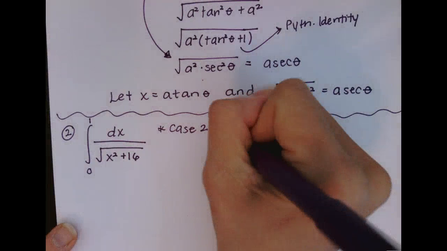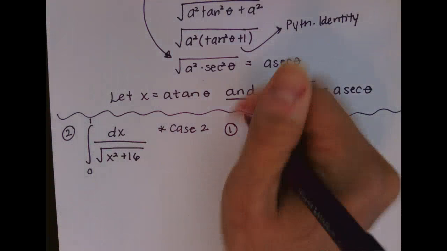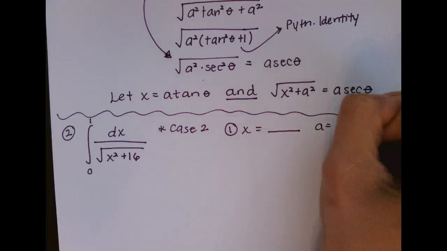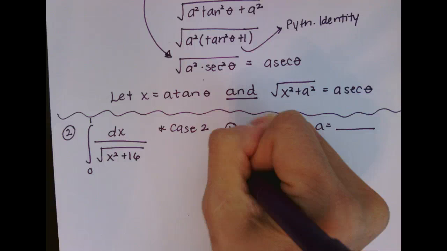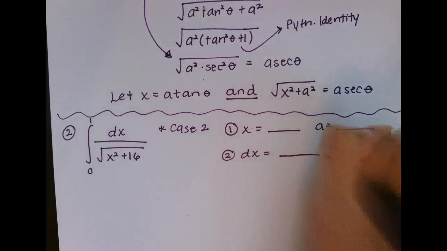So let's go through the same type of steps that I did in the last problem. Step 1, let's figure out what x and a should be. Step 2, let's find dx based on that information.